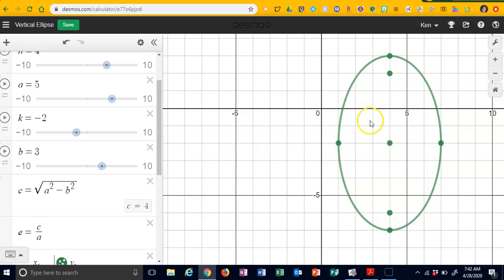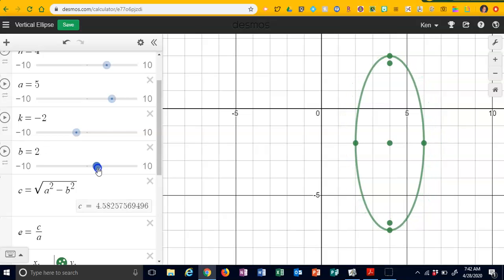So that 0.8 made it look very oval-like. But what if I adjust a few things? Like, what if I make B smaller? If I make B smaller, I'll make C bigger. So if B is now 2, then C became almost 4.6. So 4.6 divided by 5 is closer to a number like 1.